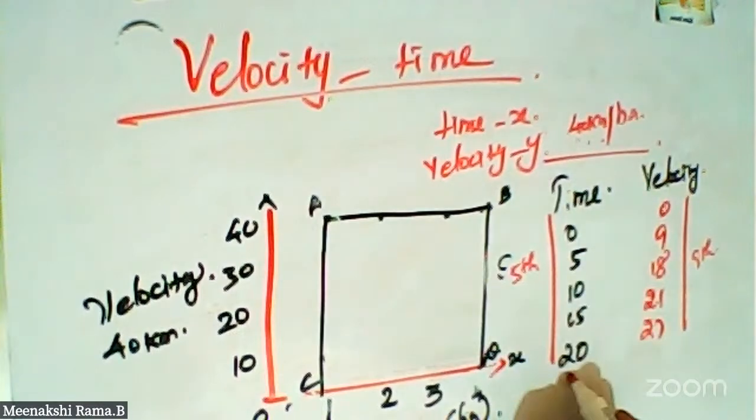So the time is gradually increased by 5 seconds only. So the velocity of the speed also increases by 9. So the velocity of the car crosses 9 meters per second. Okay, so this is the right structure of data for uniform accelerated motion.